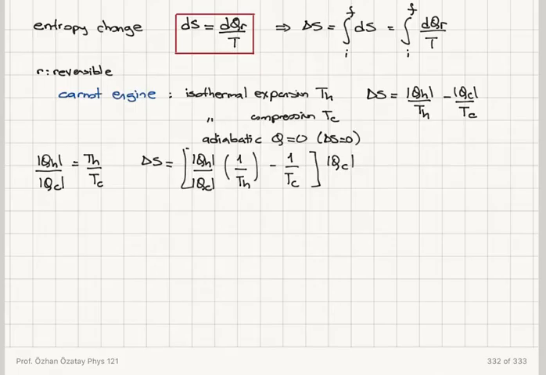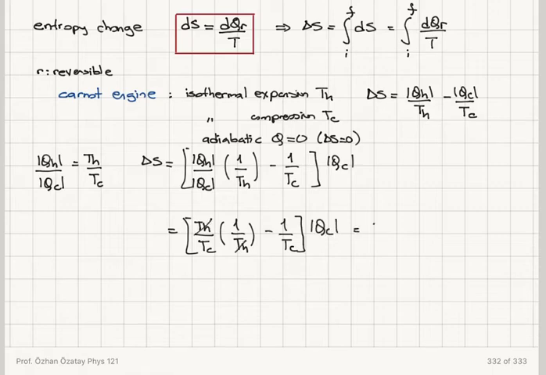If I multiply it by QC, I get QH over TH minus QC over TC. So this is going to give me TH over TC times (1 over TH minus 1 over Tc) multiplied by QC. So this will give me 1 over Tc minus 1 over Tc, multiplied by QC, which is 0. Now, is that surprising?